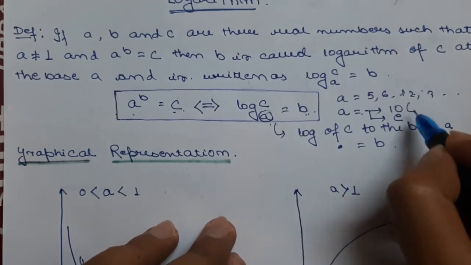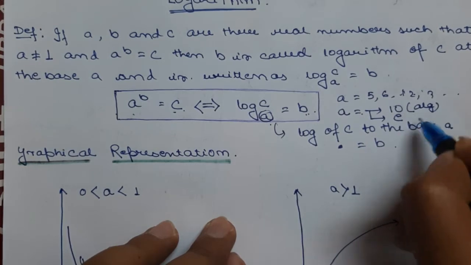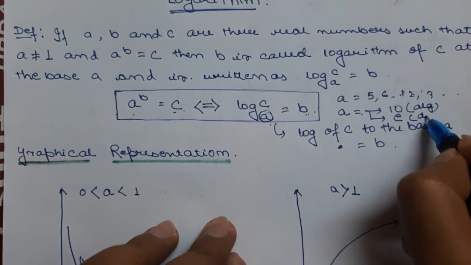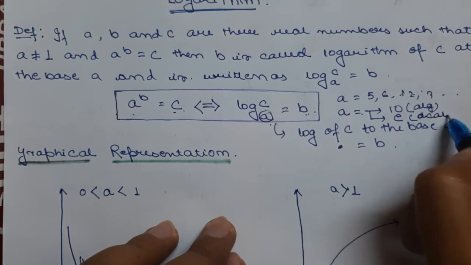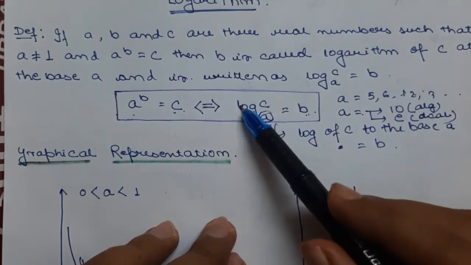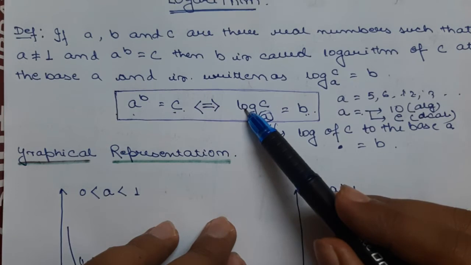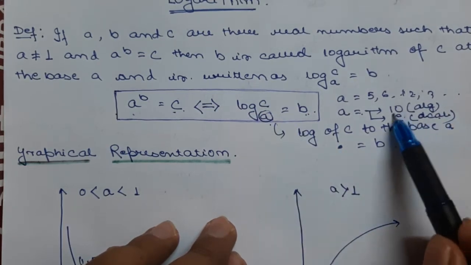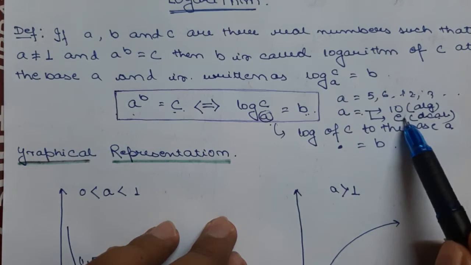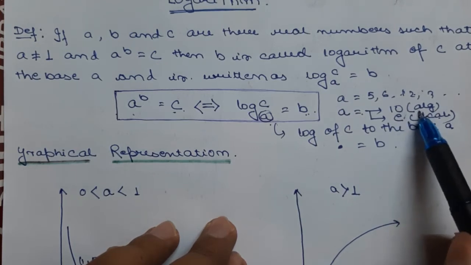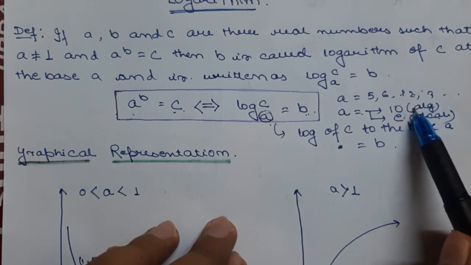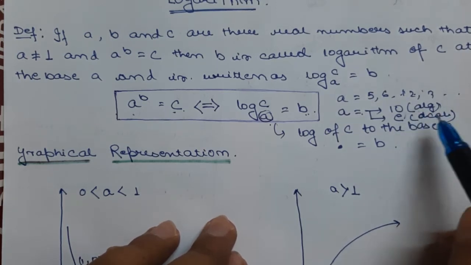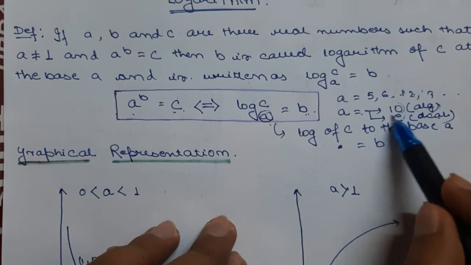It depends on whether log is used in the algebra portion or in the calculus portion. If log is used for calculus, for doing a calculus sum problem, then you should use the base as e. And if it is an algebraic problem, then the base should be 10.